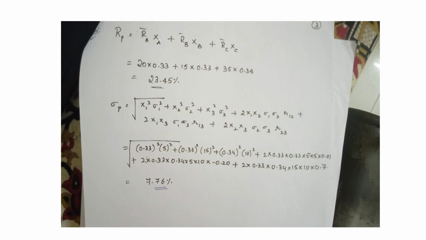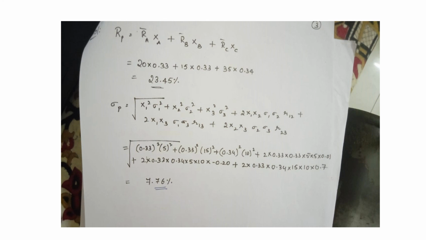Equal weights are to be considered. In the question it is given that you have to compute the risk and return of the portfolio assuming equal weights. So we are taking it as 0.33, 0.33 and 0.34. It is already given in the question.